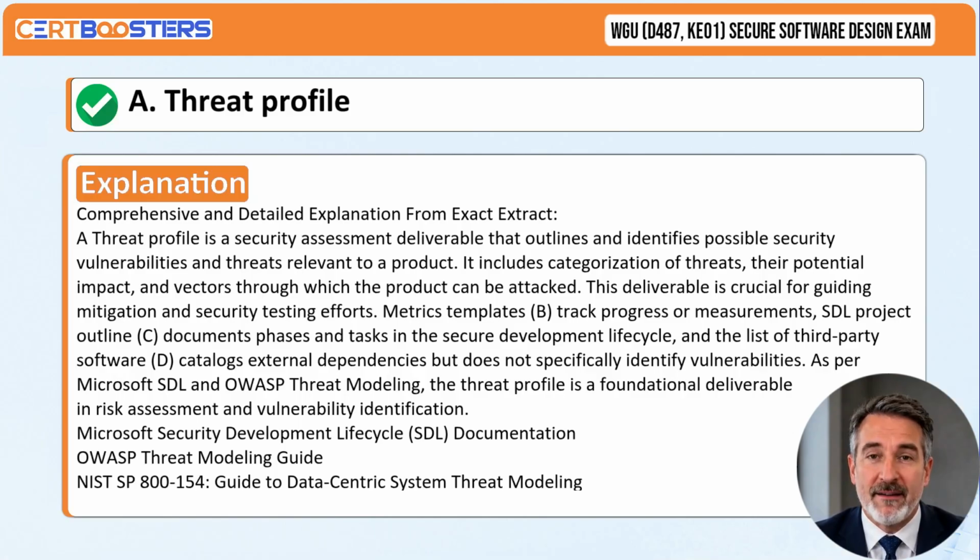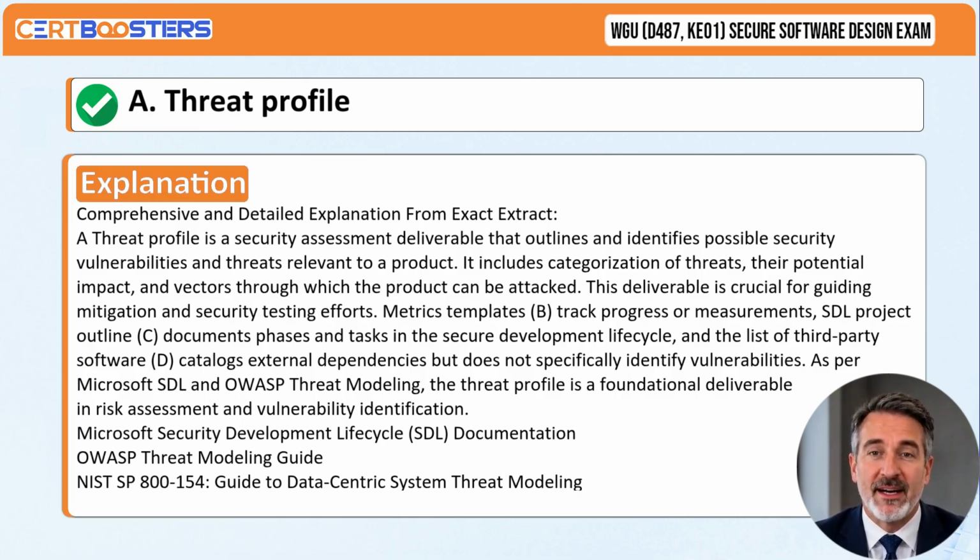Threat profile. Explanation: A threat profile is a security assessment deliverable that outlines and identifies possible security vulnerabilities and threats relevant to a product. It includes categorization of threats, their potential impact, and vectors through which the product can be attacked.